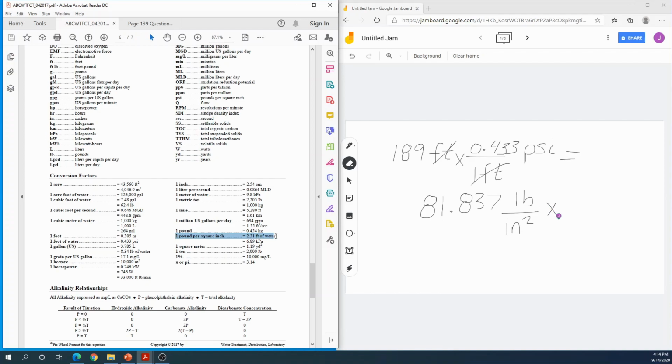So we know that in 12 inches squared, there's 1 foot squared. So 12 inches squared is 144 inches. So if we do 81.837 times 12 squared, we're going to get an answer of 11,784.5 pounds per foot squared.